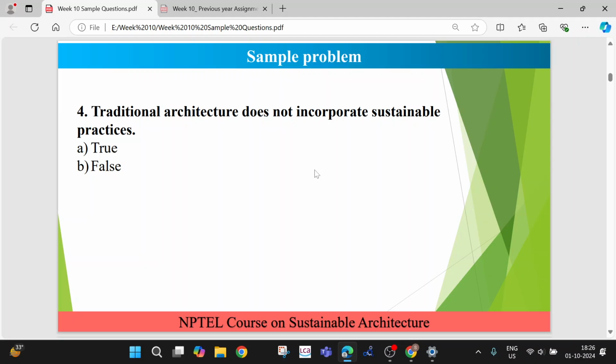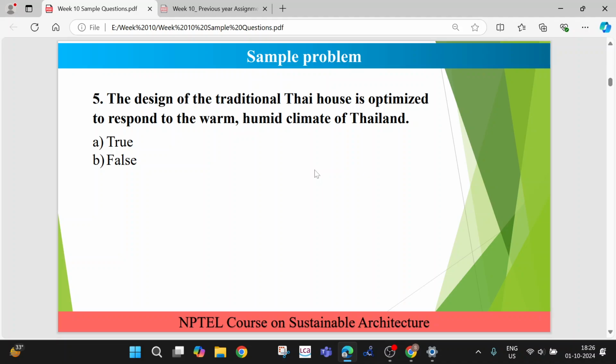Yes, sir. Okay, so here is the fifth question for all of you. The design of the traditional Thai house is optimized to respond to the warm and humid climate of Thailand. So what do you think?